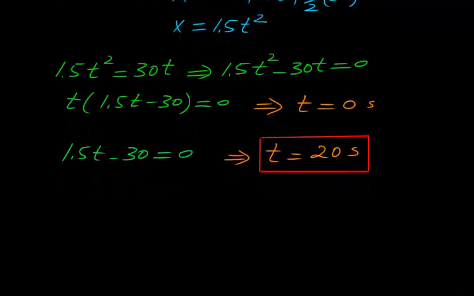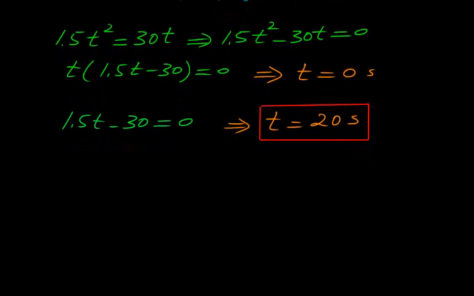Now that we have solved for the time t, we can solve for the position x where the police car catches the speeder by using either the equation of motion of the speeder or of the police car. The equation of motion for the speeder is a much easier equation, x equals 30 times t.